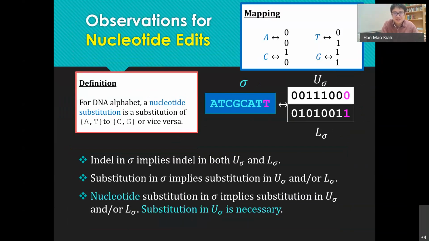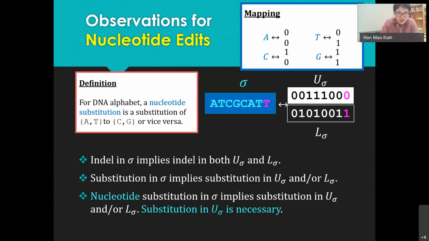So if we look at our special type of substitution, the nucleotide substitution, where you change A or T to either C or G, then this will actually force the upper sequence to always have a substitution error, by this definition itself, which is in some sense a happy coincidence.